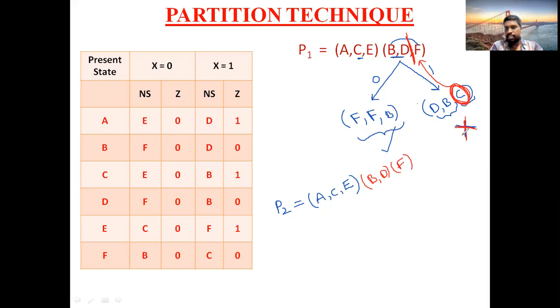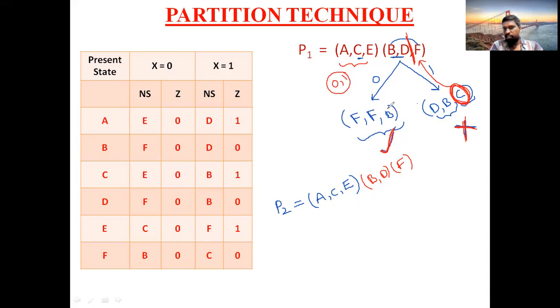Why is it written? Because due to this C, this condition is not satisfied. Even though zero successor condition is satisfied, one successor is not satisfied. But in the case of the first one, both zero successor and one successor are satisfied. Only when both are satisfied should you not break the group.